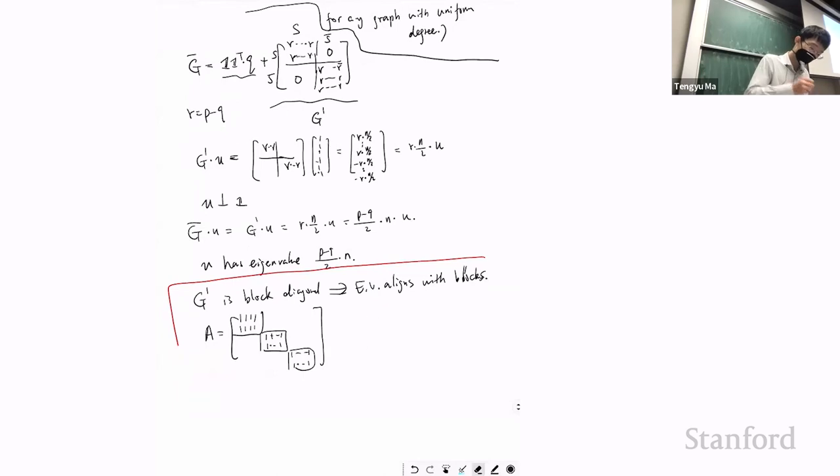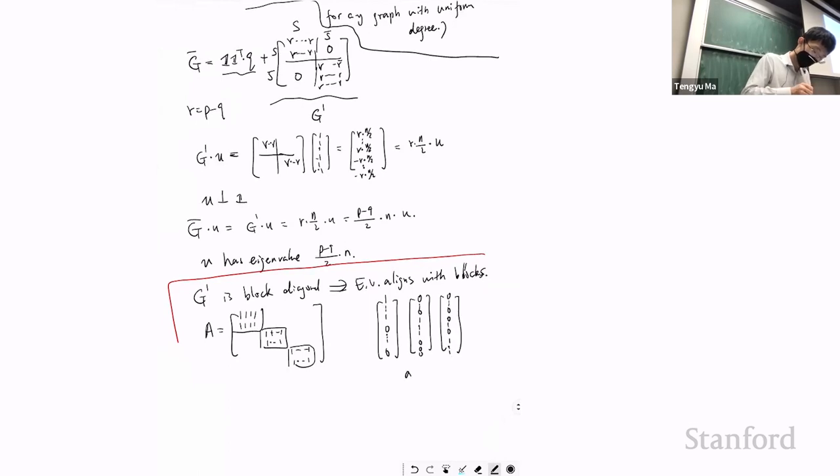So if you look at the eigenvectors, each of these three vectors is an eigenvector, because you can handle each block separately.